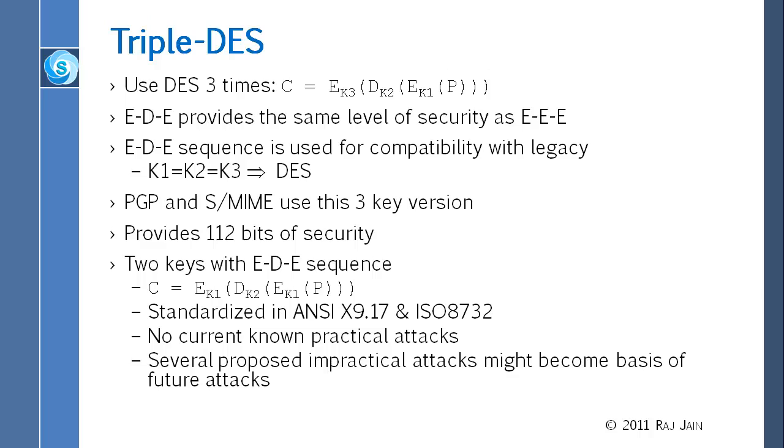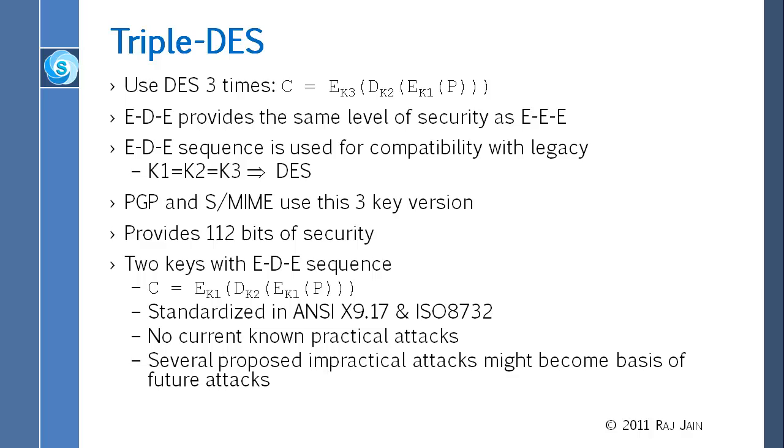And instead of EEE, it's better to do EDE, and I will tell you why in a minute. But basically, this is how triple DES works: you do encryption with key K1, decryption with key K2, and then encryption with key K3, because decryption and encryption are identical in this case. Right?